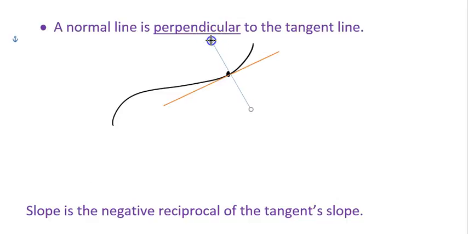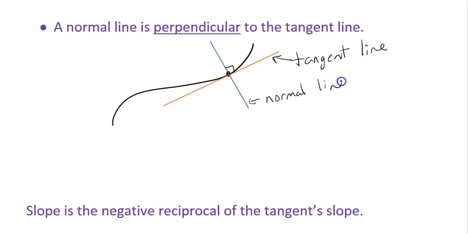So I'm going to try to straighten that up to be a little more perpendicular. And so for what we're doing, that's the best we've got. They are perpendicular to each other. Again, this orange one is our tangent line to that particular point. The blue one is our normal line to that point.